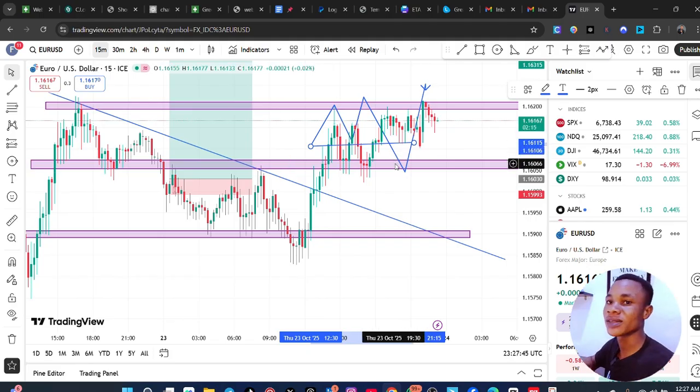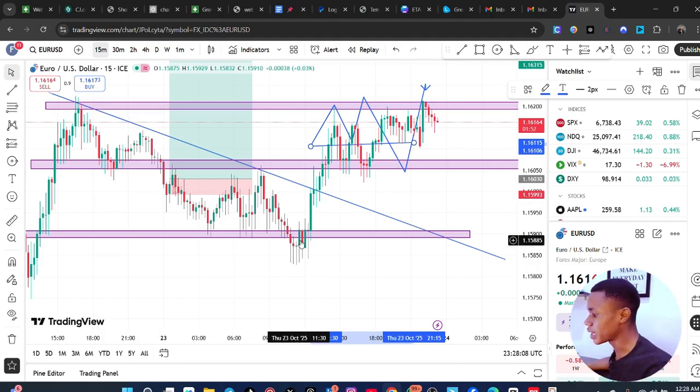Now, before you spot a fake breakout, you have to understand all these 6 things I'm giving to you, so that if you know your candlestick patterns, if you know your chart patterns, and you always wait for confirmation, and I did not get the confirmation even though these things happen, you are going to know that that breakout was fake. Right? So you can see that here we have a small breakout here.